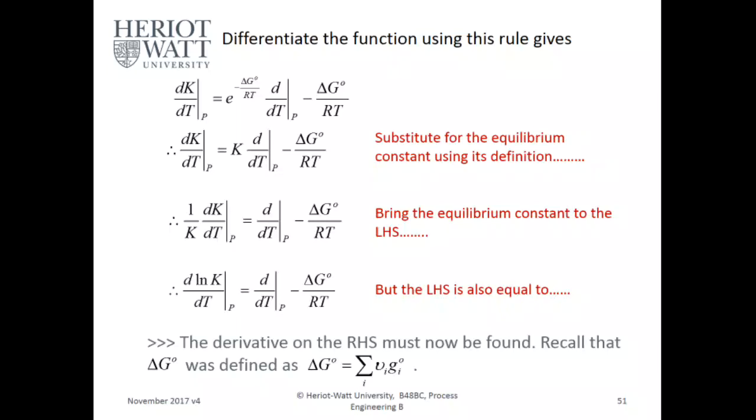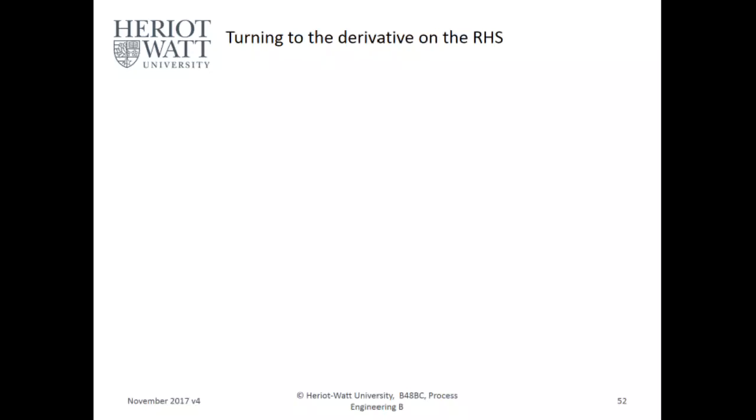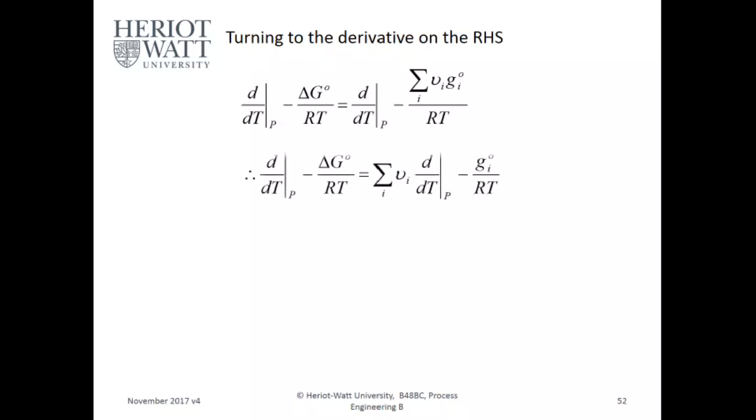So G_i is per mole and v_i is your stoichiometric coefficient. Turning to the derivatives on the right-hand side, d/dT at constant pressure of minus delta G over RT equals d/dT at constant pressure of minus the sum of v_i G_i over RT.